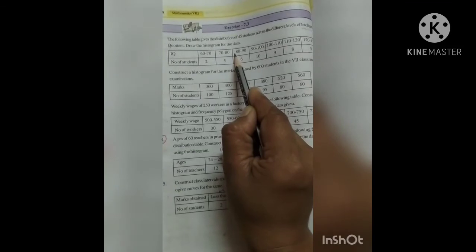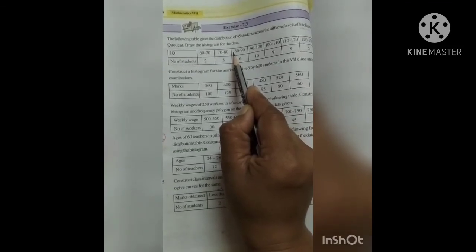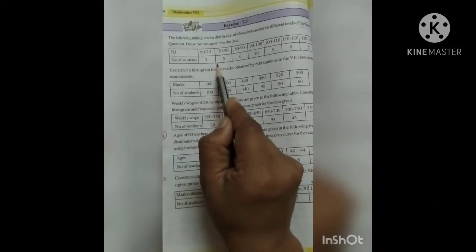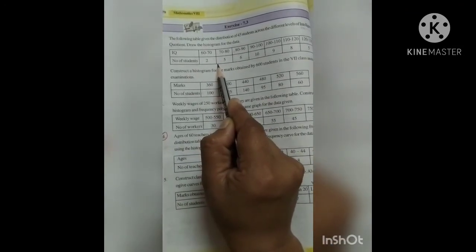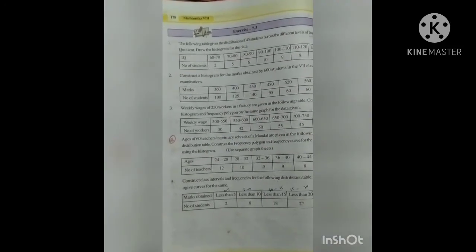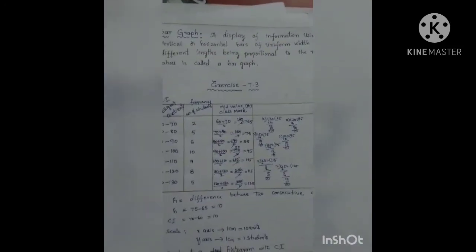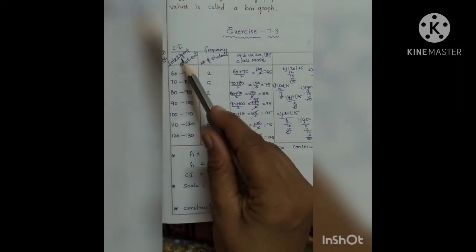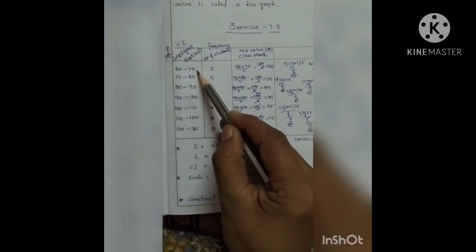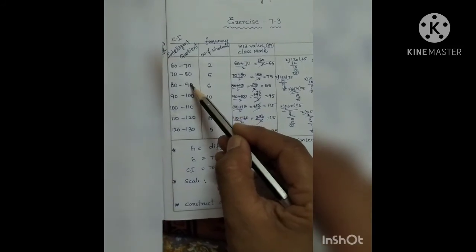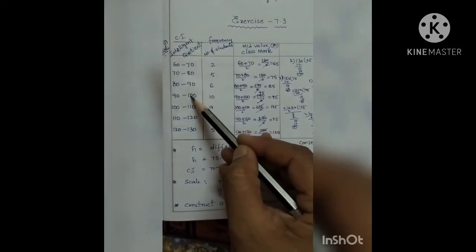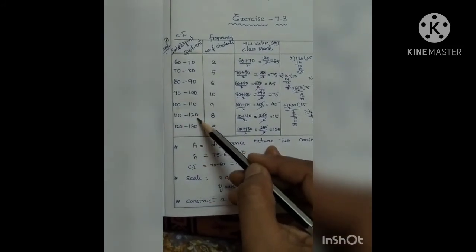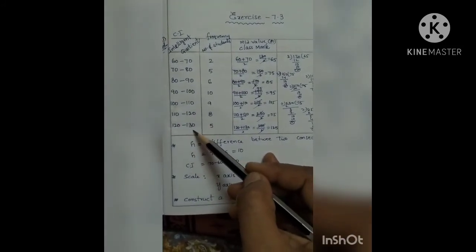Okay, children, we already did the exercise 7.2 problems. So these are class intervals, these are frequency. Now solution, first question. All of you look here, class interval: 60 to 70, 70 to 80, 80 to 90, 90 to 100, 100 to 110, 110 to 120 and 120 to 130.